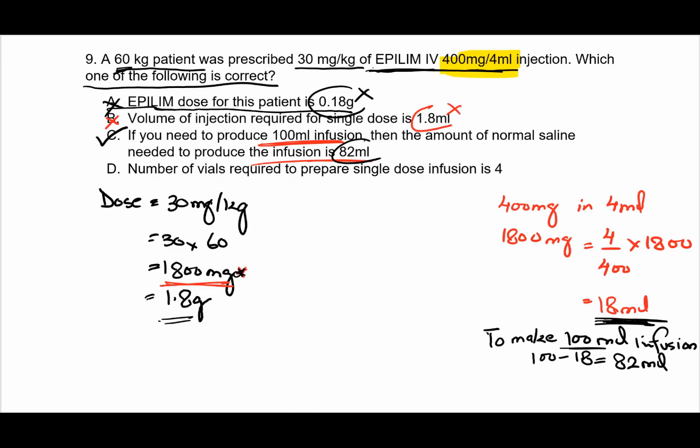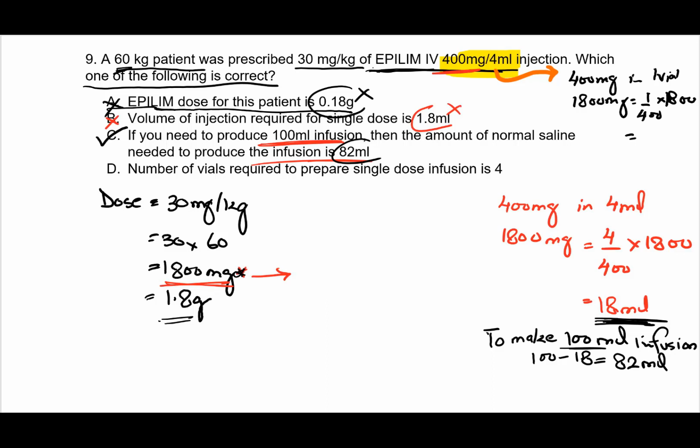But let's have a quick look at option D also. The number of vials required to prepare a single dose would be, let's just see. If 400 milligrams is present in one vial, 1800 milligrams will be present in simply 1800 divided by 400.